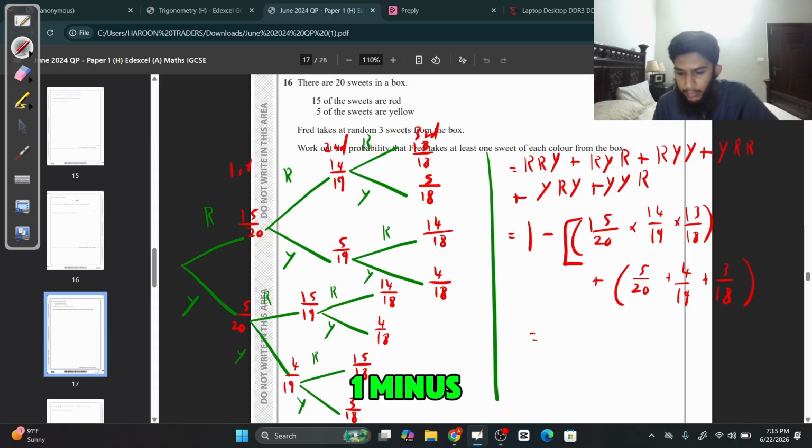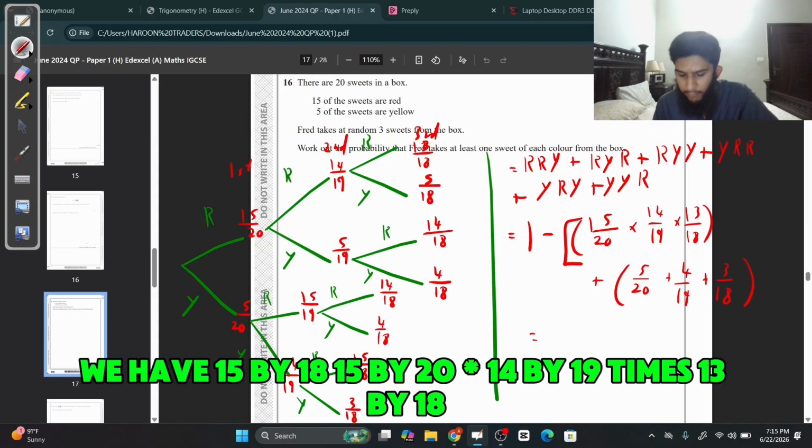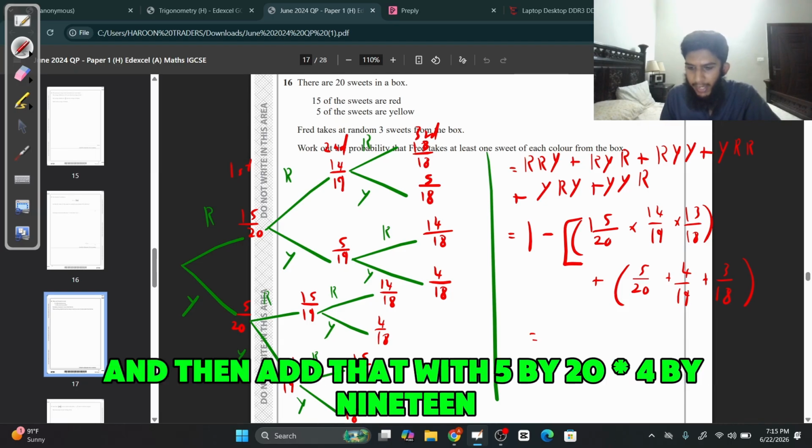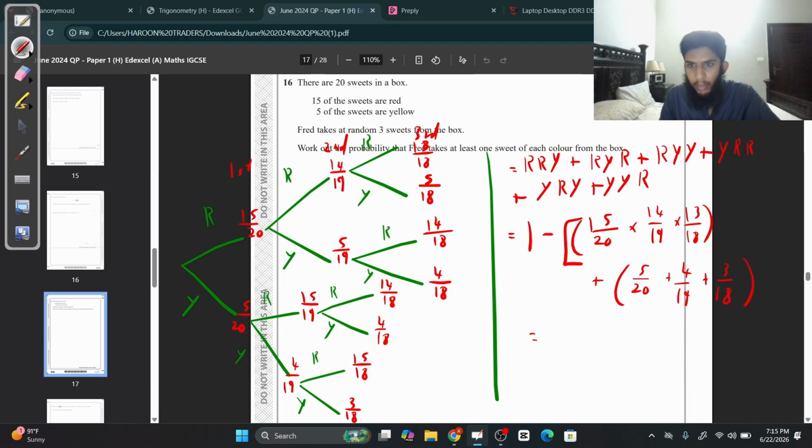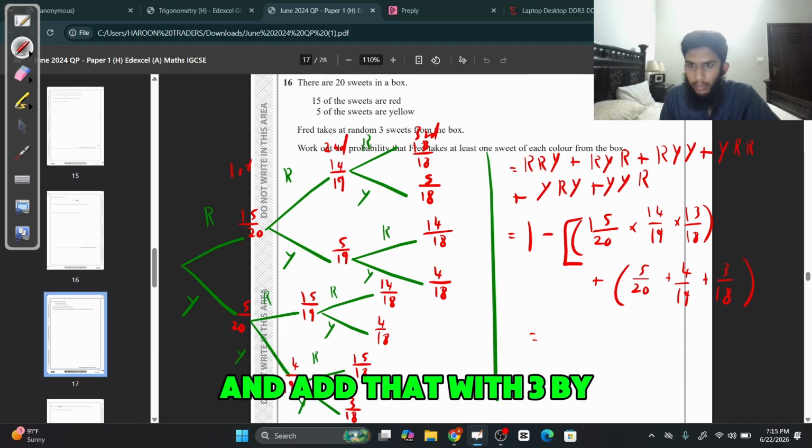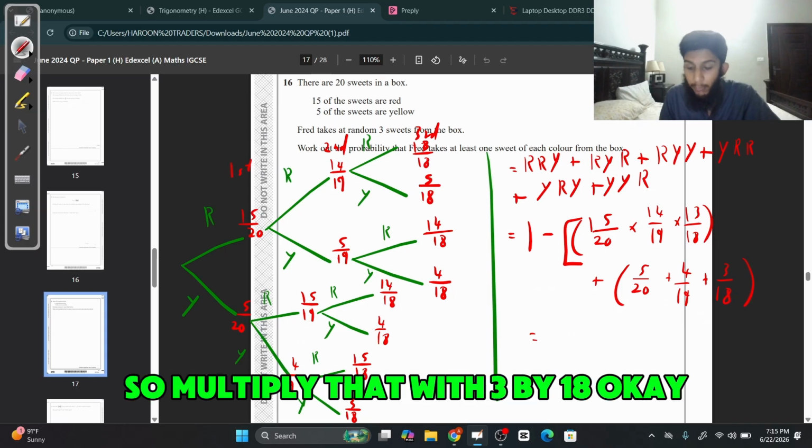1 minus, we have 15 by 18, 15 by 20 times 14 by 19 times 13 by 18, and then add that with 5 by 20 times 4 by 19 and add that with 3 by 18.